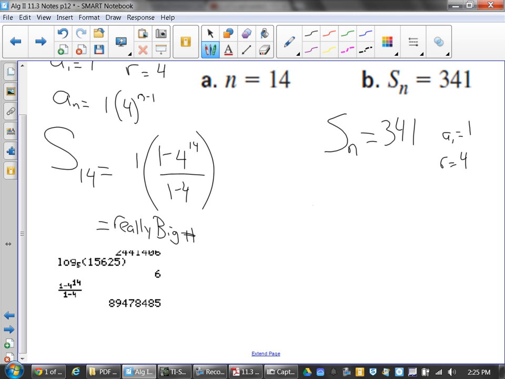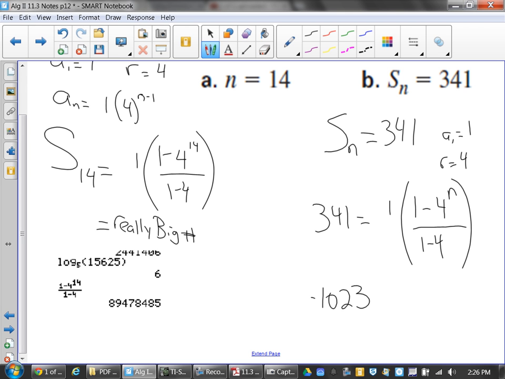So we substitute in. 341 equals first term 1 minus 4 to the nth over 1 minus 4. What am I going to multiply both sides by? 3. Good. Multiply both sides by -3, you get -1023, I think? And then can I simplify this on the right as just 1 minus 4 to the nth?